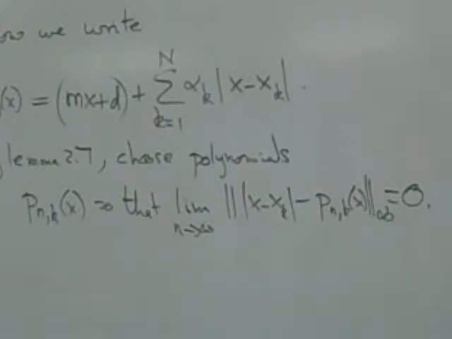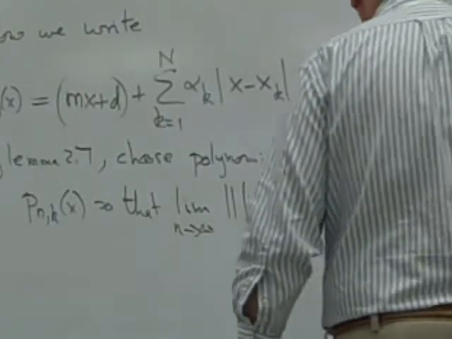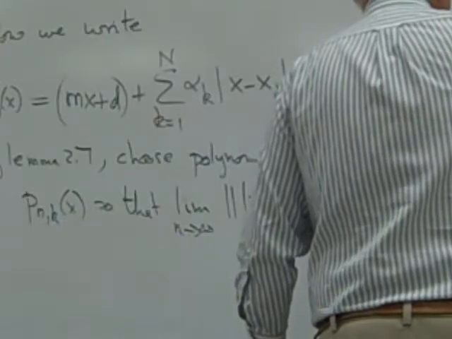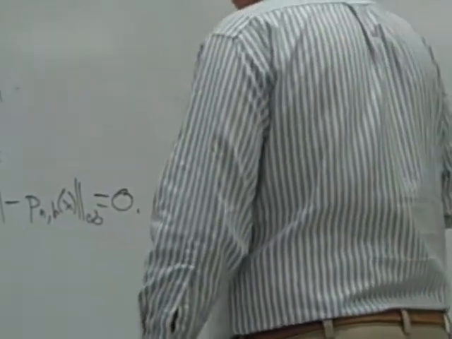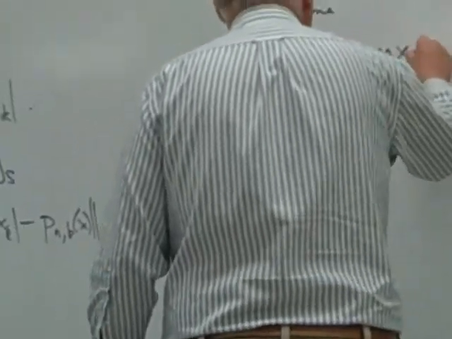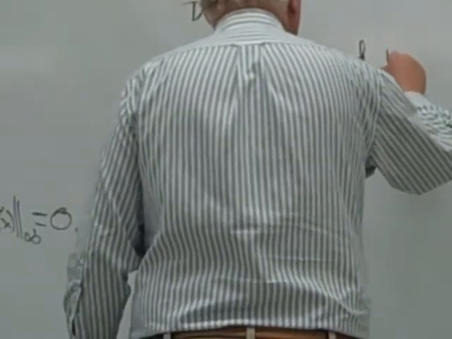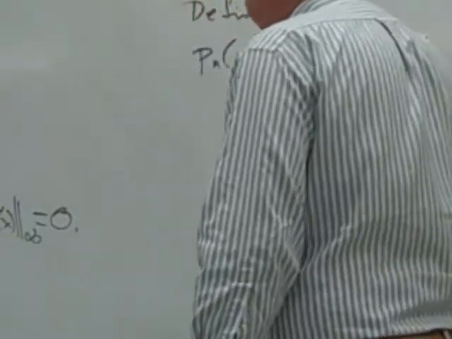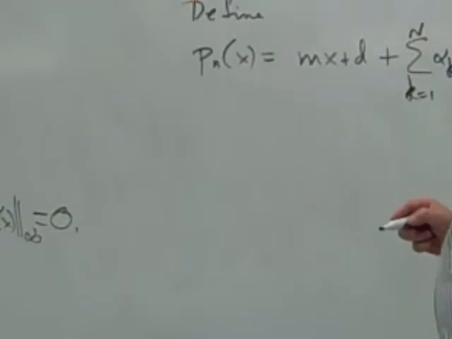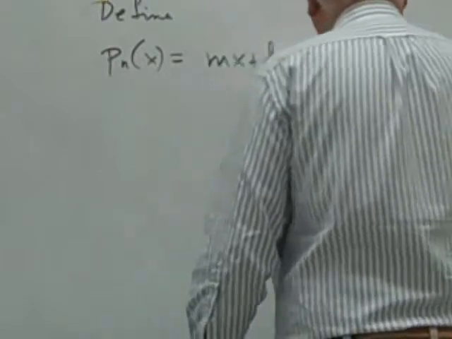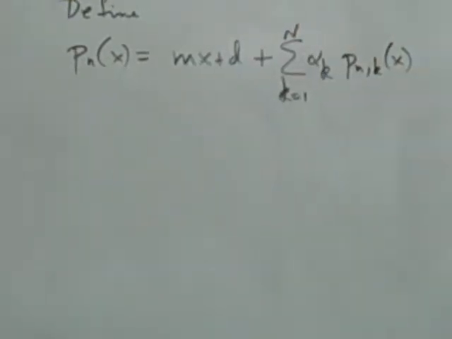Well, since I have a finite linear combination, define Pn of x to be the linear term plus the sum k equals 1 to capital N alpha sub k times Pnk of x. The nice thing about polynomials is anytime you multiply them by scalars and then add them up, you're going to get another polynomial.